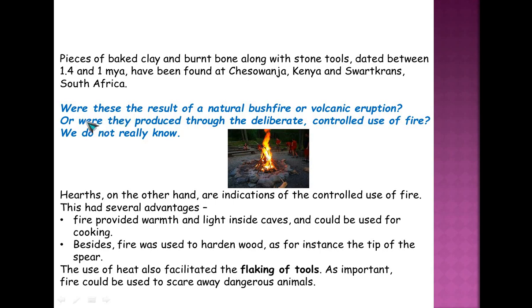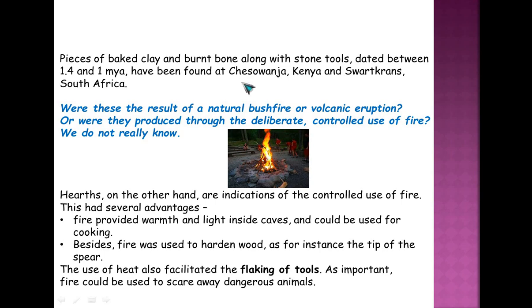And were all these things the result of a natural bushfire or volcanic eruption? Because of course natural bushfires and volcanic eruptions have taken place over time, right? And was it deliberate, controlled use of fire? We do not know how this baked clay, burnt bone and all these things came about.